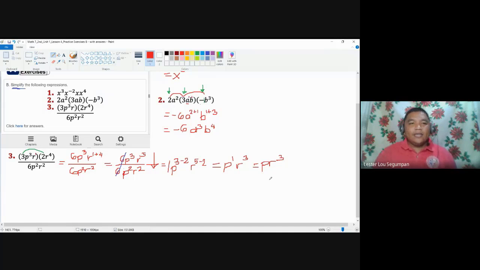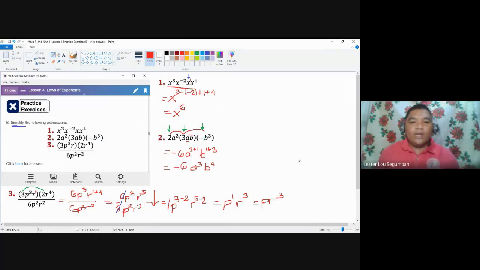So again, in practice exercise B, we have used the multiplication law and division law. Multiplication law means if we are going to multiply expressions with the same base, we are going to add exponents. And in adding exponents, it's okay for the exponents to be interchanged because addition has the property of commutativity.